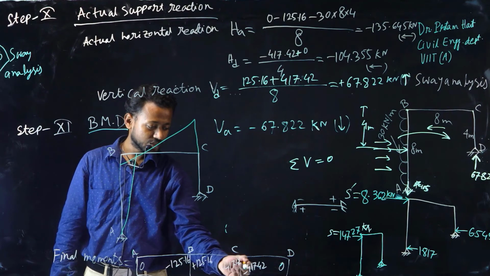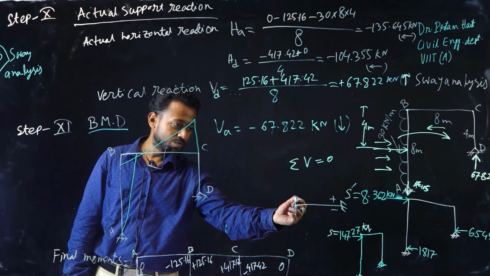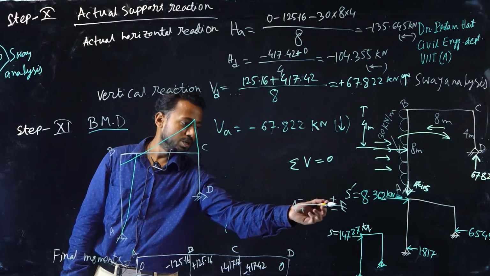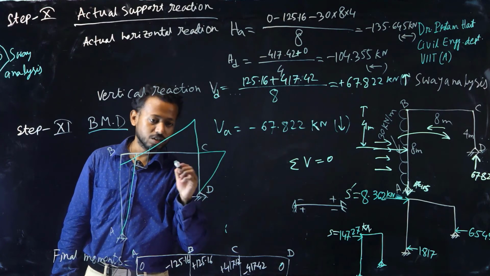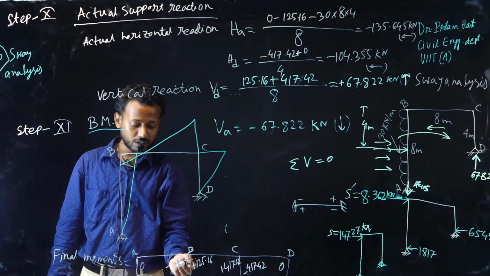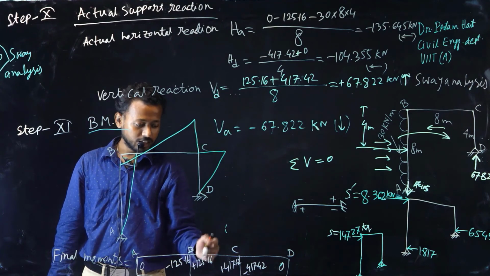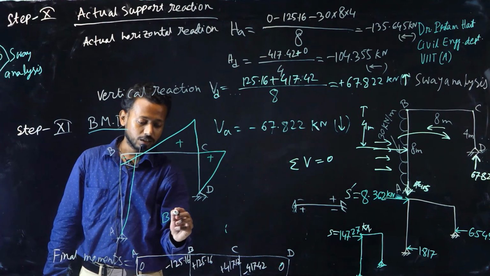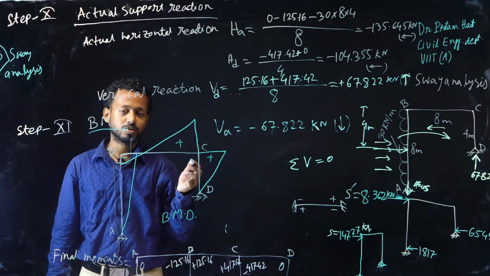Next, negative to 0, left side negative, that means it is here, so I start from the top to the neutral position. This is my ultimate bending moment diagram. This is 125, this will be negative bending moment, and this will be positive bending moment. So this is the bending moment diagram you have obtained after sway and non-sway analysis.